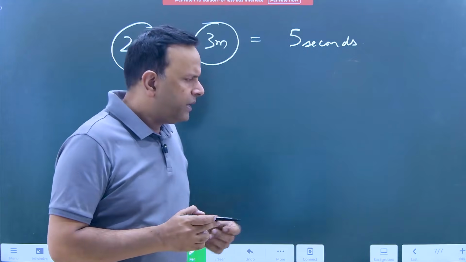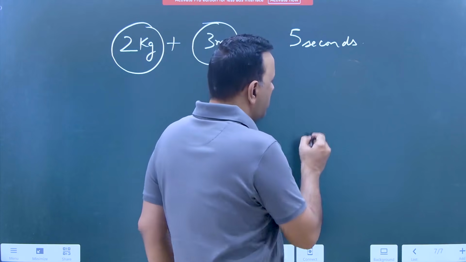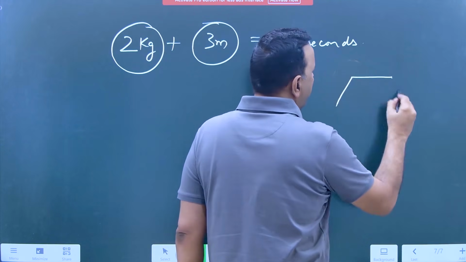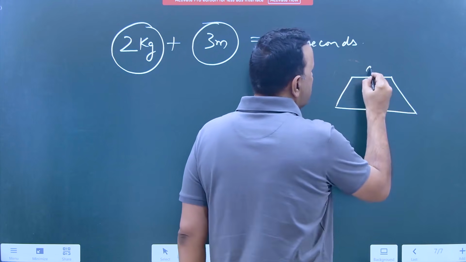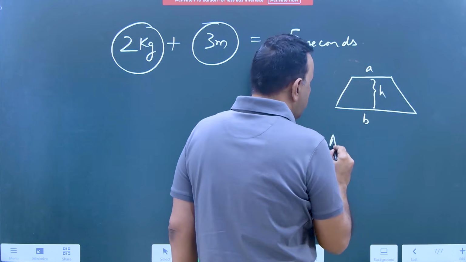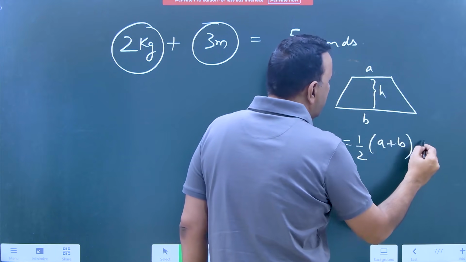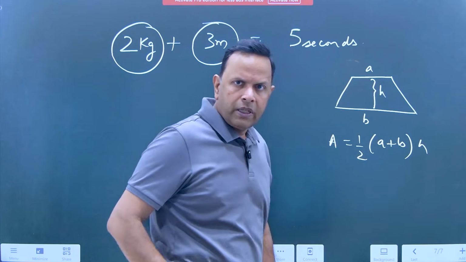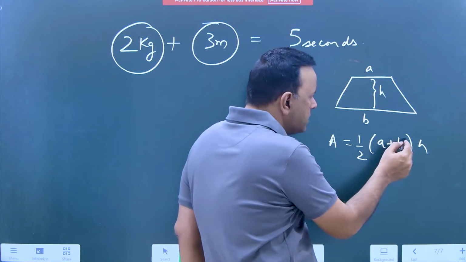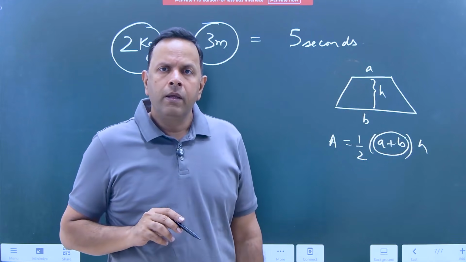For example, the area of a trapezium, we write it like this. If this is A, this is B, and the height is H, we say the area is half the sum of the parallel sides into the distance between them.